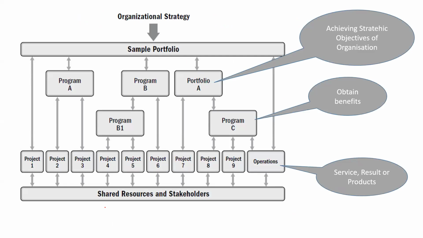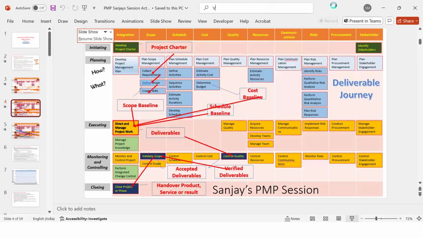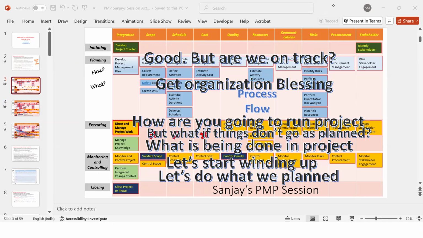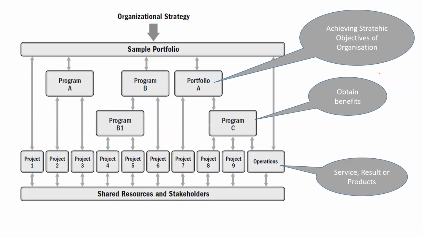Another very important diagram shows where portfolios, programs and projects lie. Most important thing to remember: portfolios are created and portfolio managers are employed for achieving the strategic objectives of the organization, while programs obtain benefits by linking appropriate things.